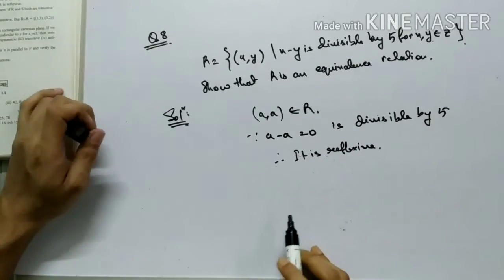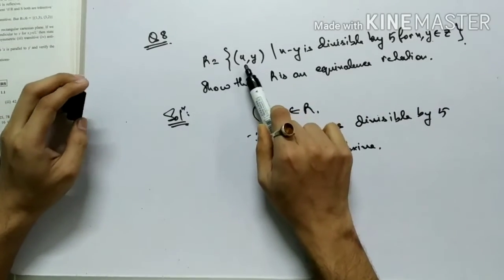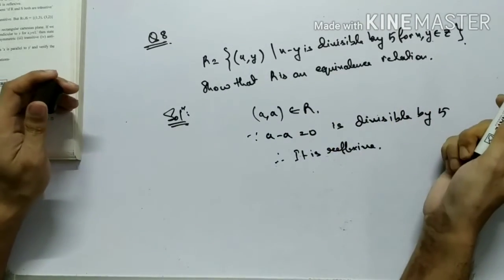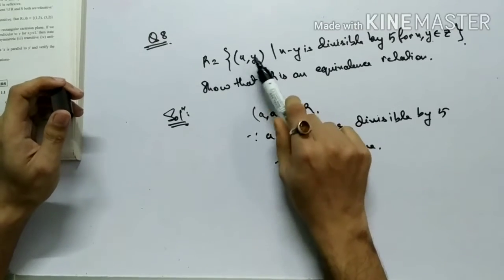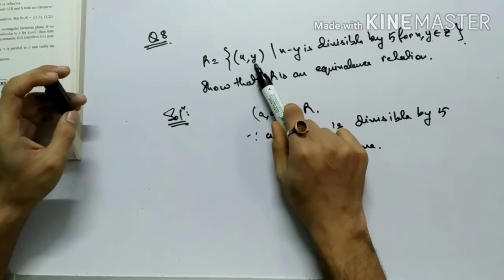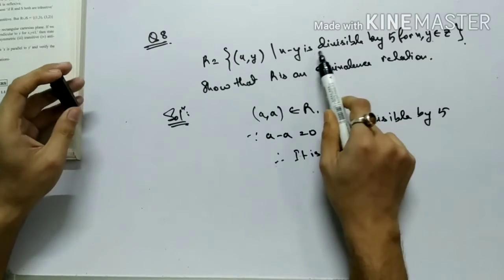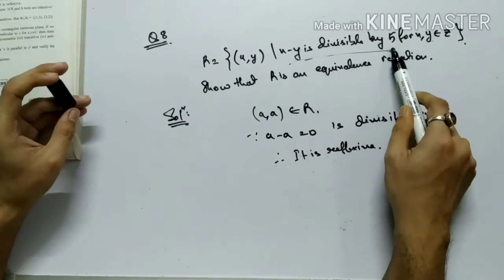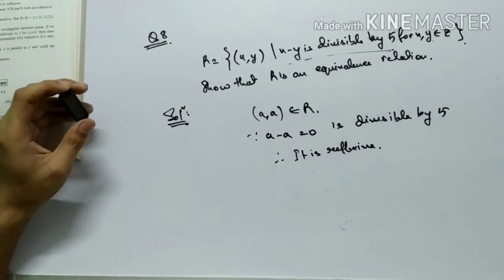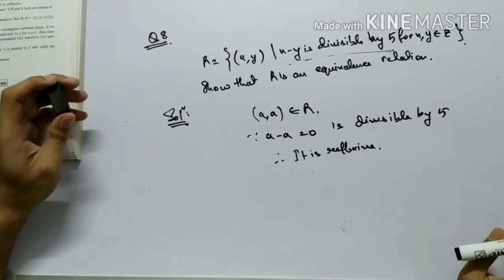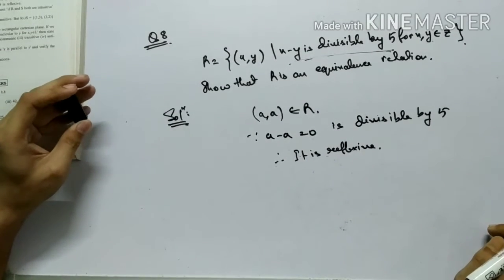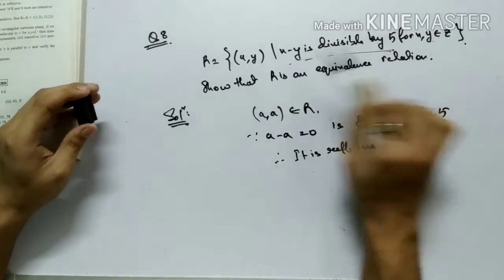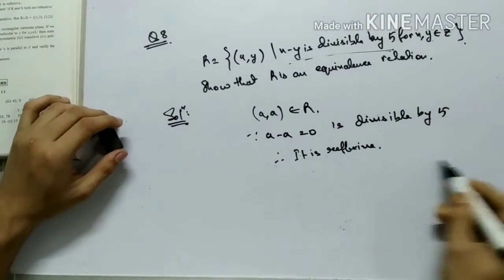Because in here, if you take (1, 1), 1 minus 1 is 0, and 0 is divisible by 5. If you take (2, 2), (3, 3), (4, 4), (5, 5), (6, 6), all of these ordered pairs satisfy this relation, x minus y is divisible by 5. So R will be reflexive; all those elements will come.